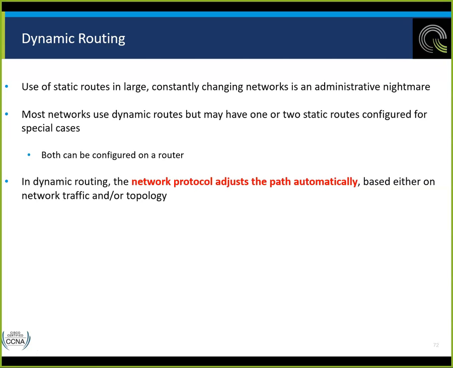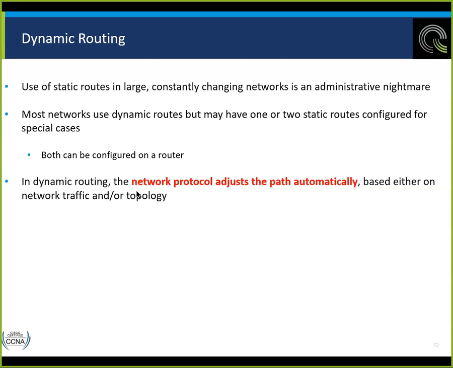The order: directly connected, which we can't change except by shutting it down, then the static, then Cisco's proprietary EIGRP, then OSPF, the standard link state protocol, and then RIP, the original protocol that is still available.